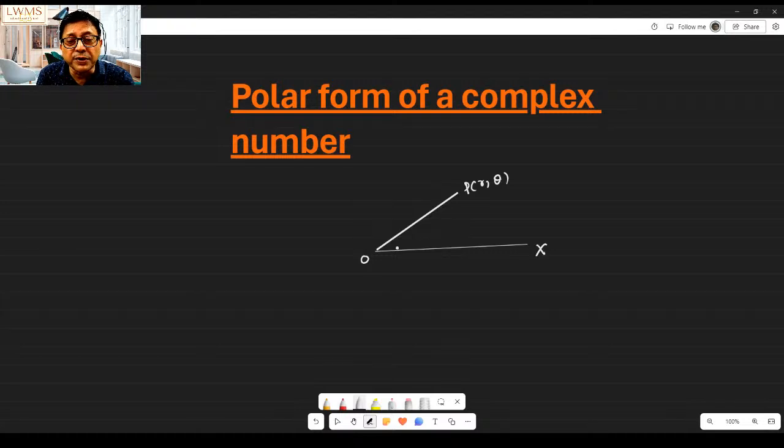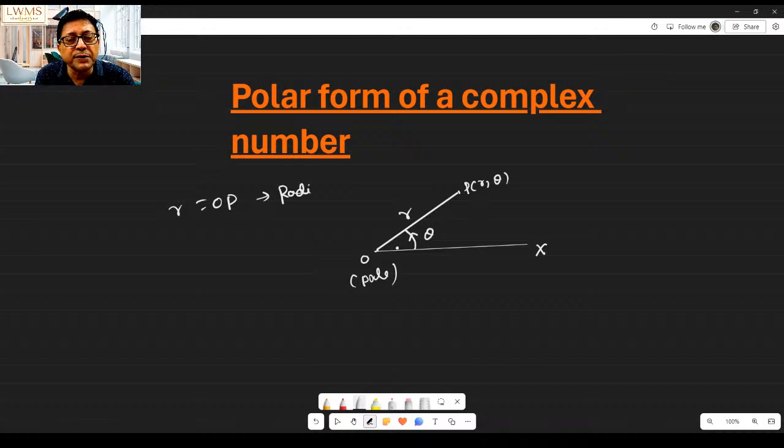From there you have rotated by an angle theta. And this extreme point has coordinate P(r, theta), meaning from the pole, this O is called the pole, and this is the radius vector, r equal to OP.